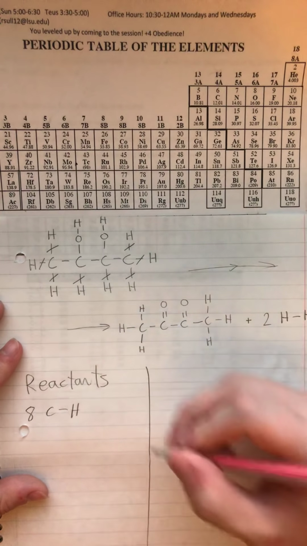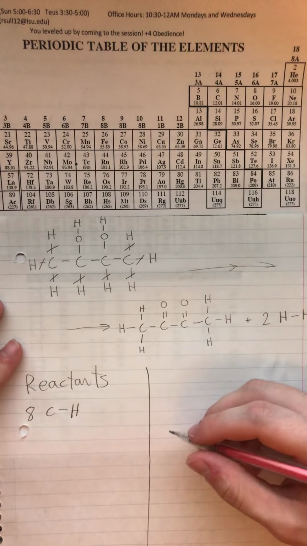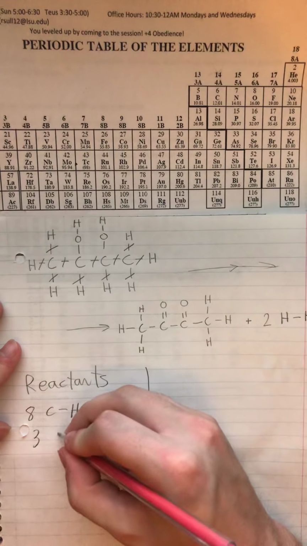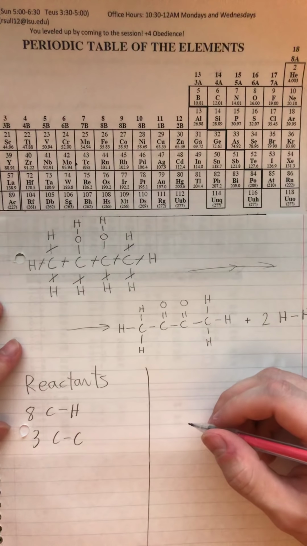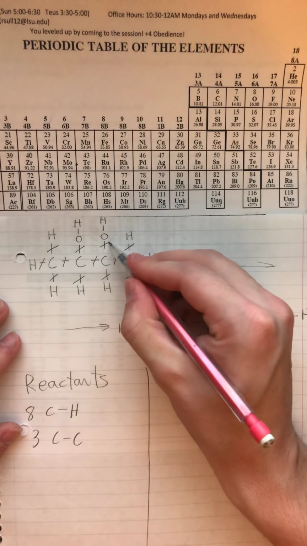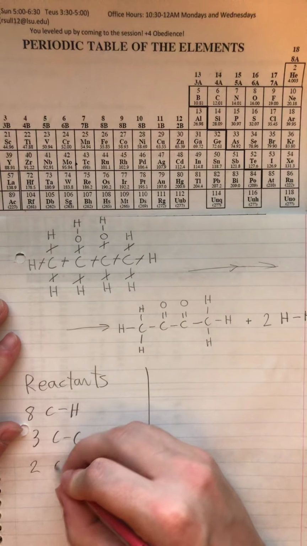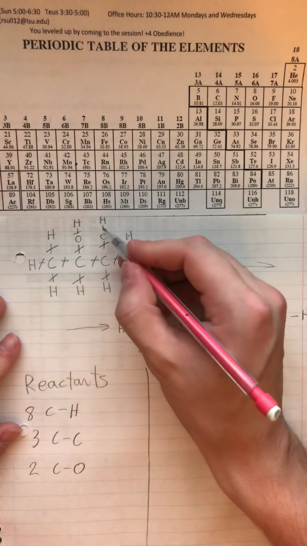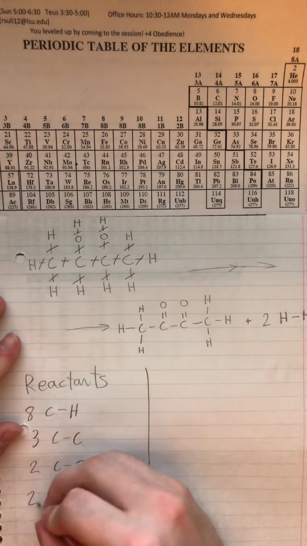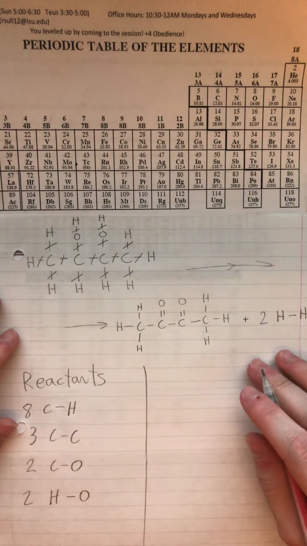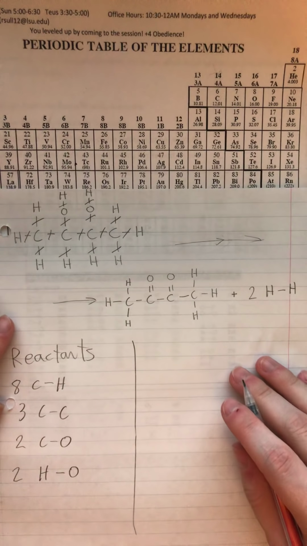Then I've got 1, 2, 3 carbon to carbon bonds. And then I've got 1, 2 carbon to oxygen bonds. And then I've got 1, 2 hydrogen to oxygen bonds. Okay, then I'll do the same thing for the product side.